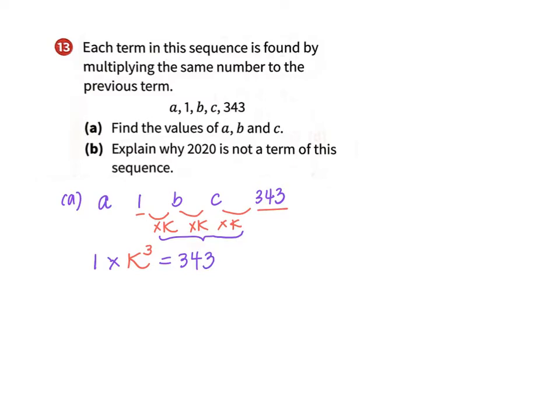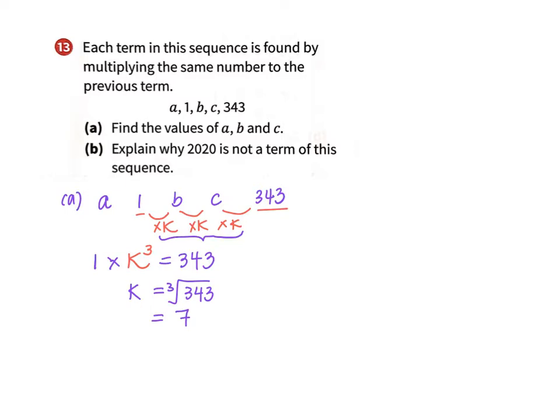Let's see, 1 times K cubed, so K cubed will be equal to 343. How do I find K? That means I'm going to take the cube root of 343. That gives me 7. That means I'm multiplying my terms by 7.